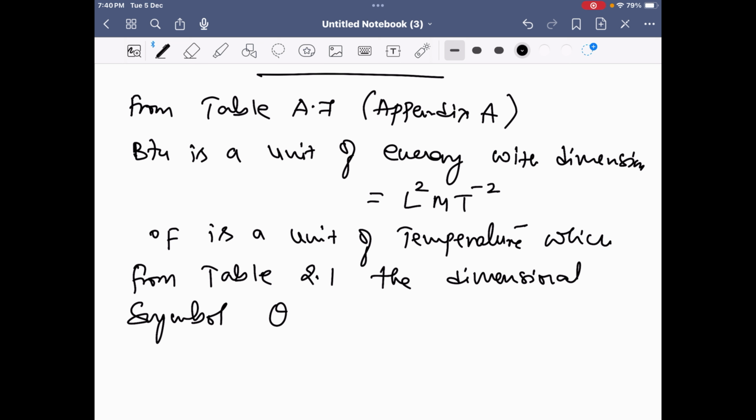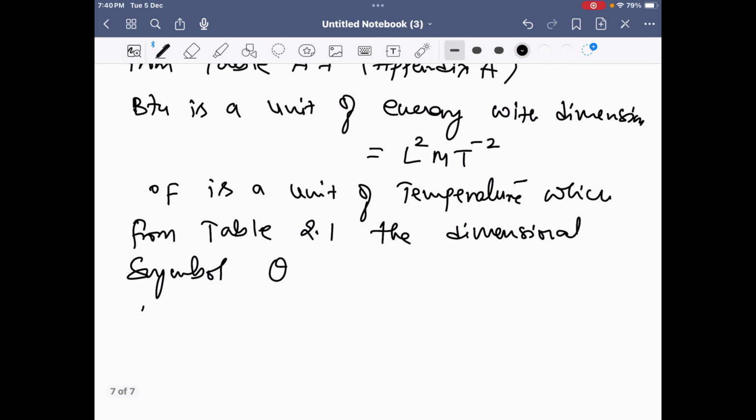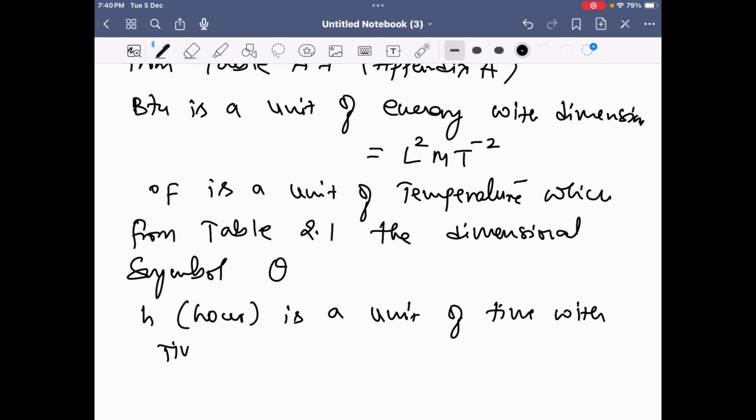Because time and temperature, if you write T, both become the same, so temperature is generally represented by theta. And H is again hour. H is hour, is a unit of time with a dimension T.